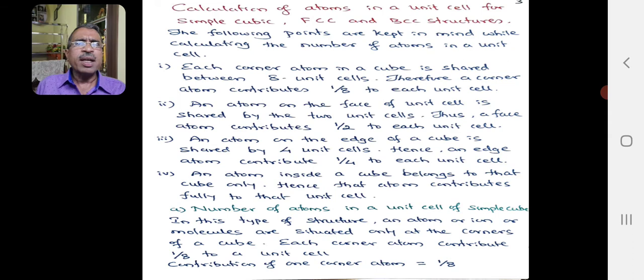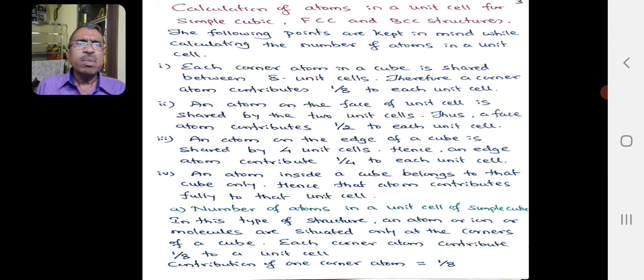Each corner atom in a cube is shared between 8 unit cells. That means in one plane it is shared by 4 unit cells and above it by 4 unit cells. Therefore, each corner atom is shared with 8 unit cells, so a corner atom contributes 1/8 to each unit cell.